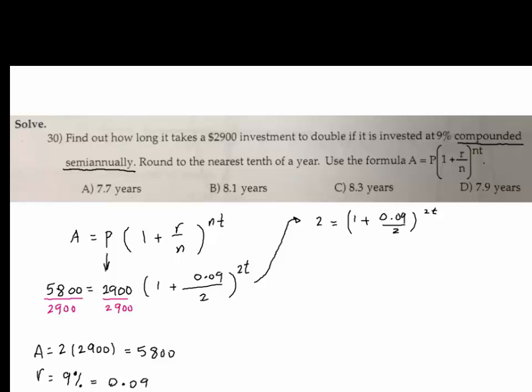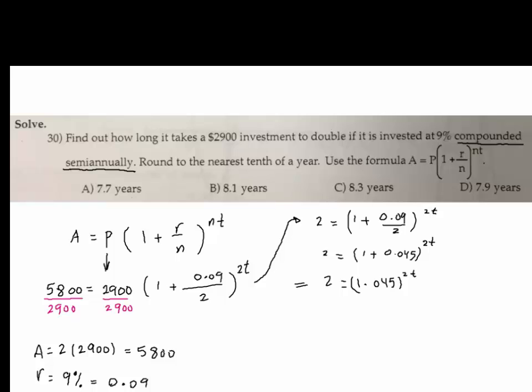They give me 0.045, right? 0.045 plus 1. Okay, so it looks like 2 is equal to 1.045 to the power of 2t.